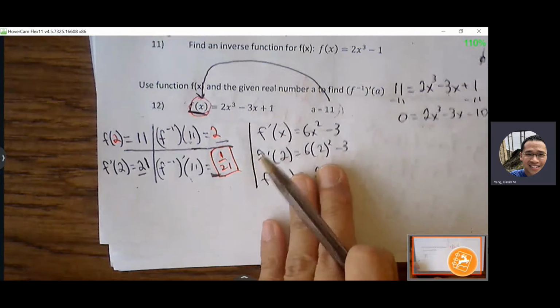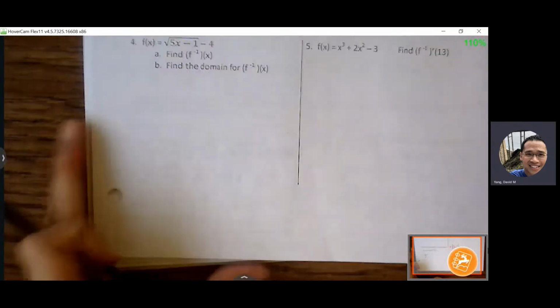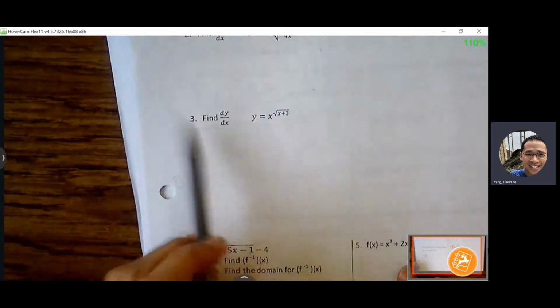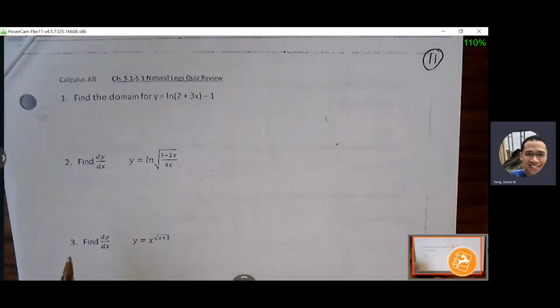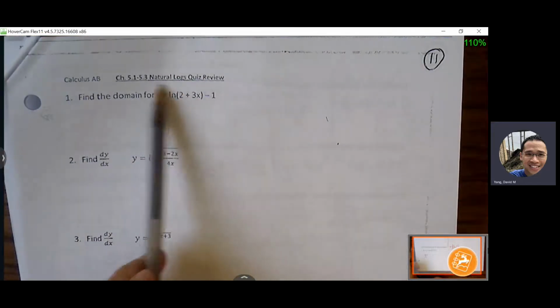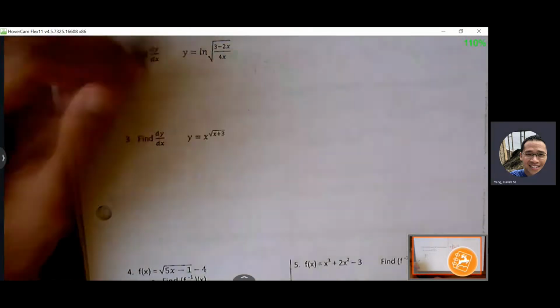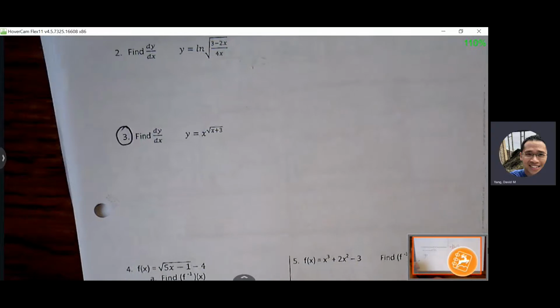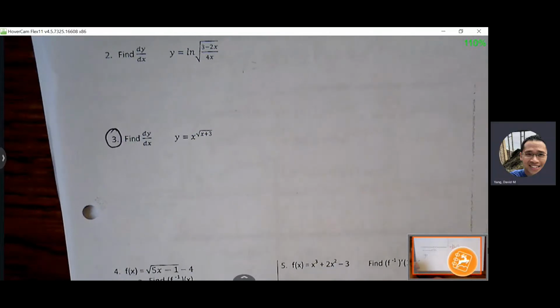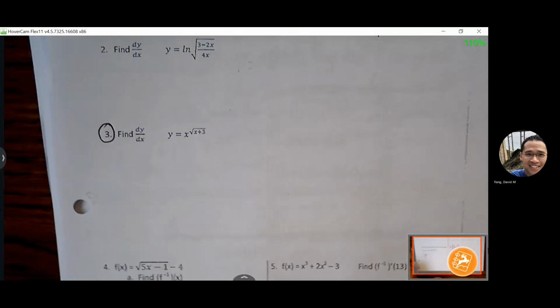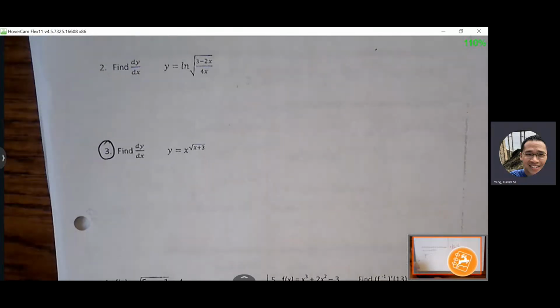Okay, let's do a couple more things here. Try number 3. This is on page 11. This is more review. Let's try number 3. Okay, any idea how we can approach this problem?